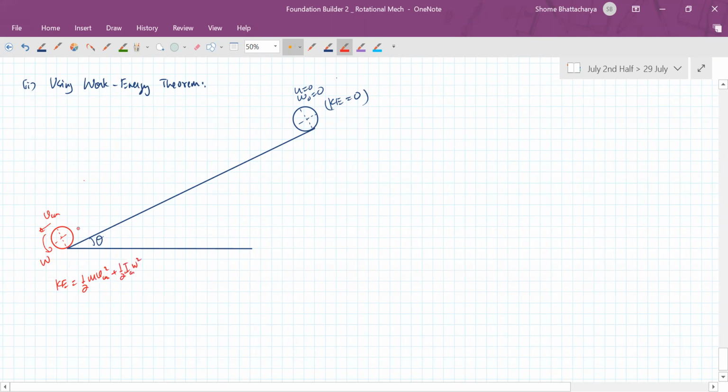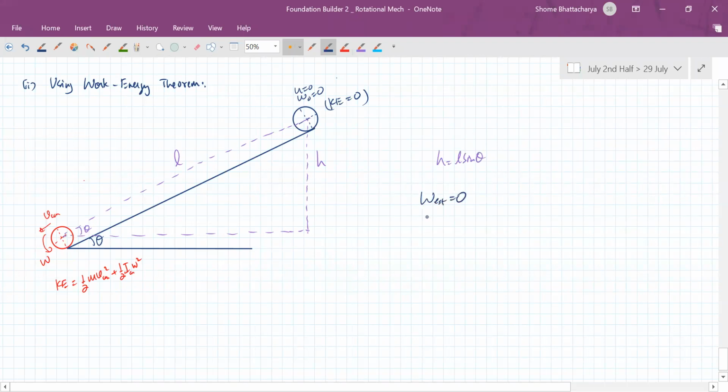At the same time, the center of mass of that object has come down through a height h. If you draw this right angle triangle, the hypotenuse is L, this angle is the same theta, so h is equal to L sine theta.